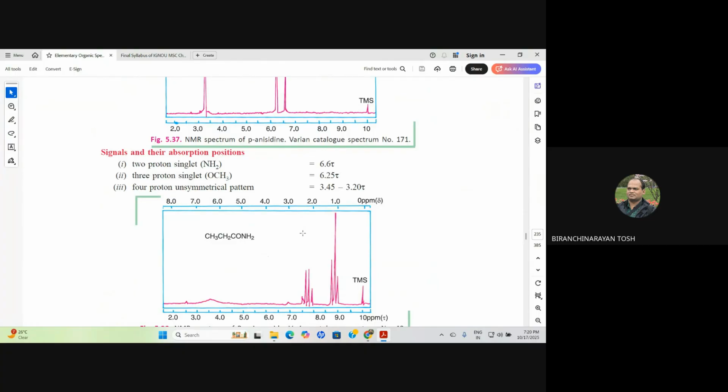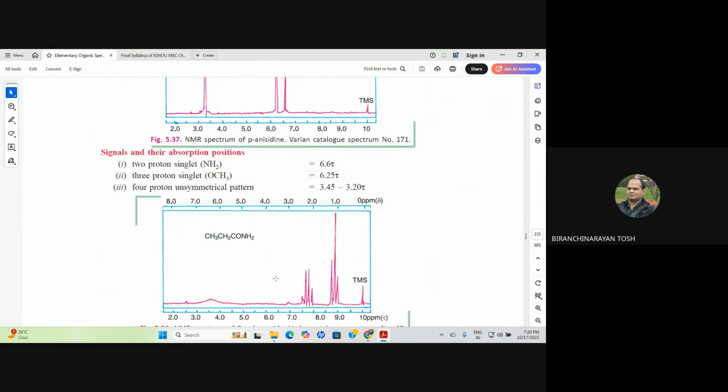Now the next one, the amide. In case of amide, you will get a 2 proton singlet, which may be a hump, a 2 proton quartet, 3 plus 1, and a 3 proton triplet.